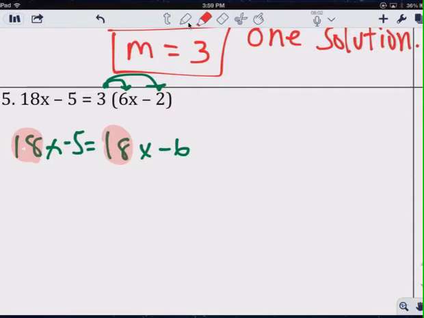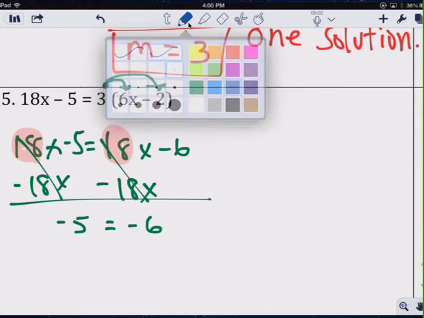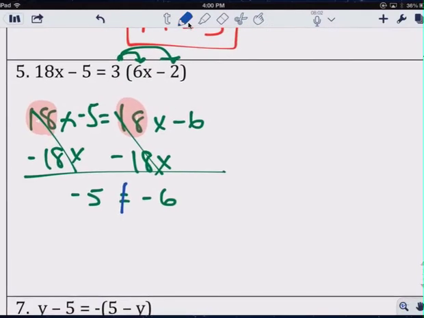Okay, so we know either it's infinitely many or no solution. That is 0, 0 also, minus 5, 0 minus 5 is negative 5, and 0 minus 6 is negative 6, and they are not equal. Not equal means no solution.